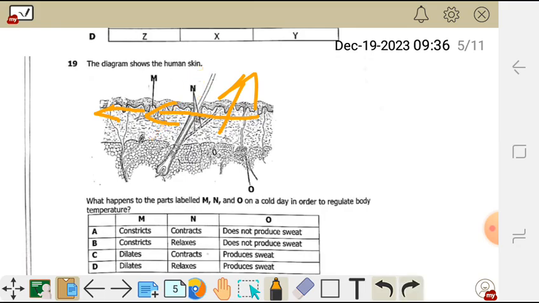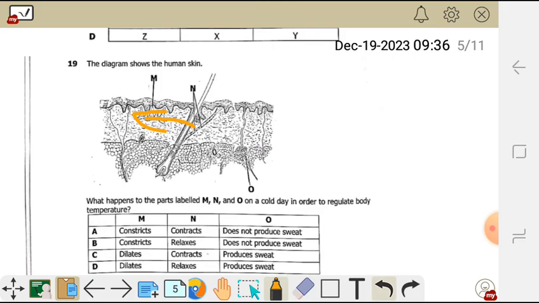But if we constrict our vessels underneath the skin, there will be little blood flowing to the skin, thereby the heat which is going to be lost will be minimal. Why? Because we are going to have little blood flow there if we constrict.